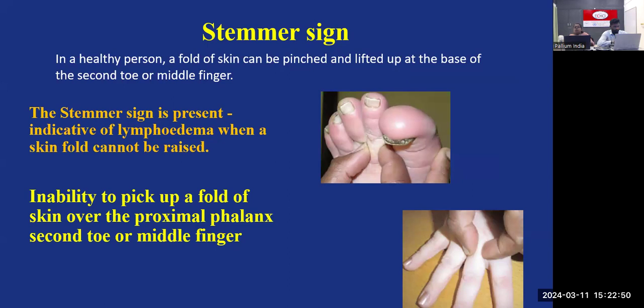That is the positive Stemmer sign. If you are not able to pick up the fold of skin over the proximal phalanx of the second toe or the middle finger, that means the patient has lymphedema and the Stemmer sign is positive.